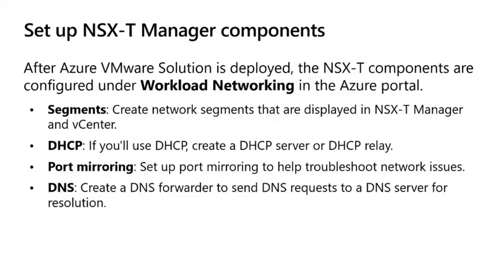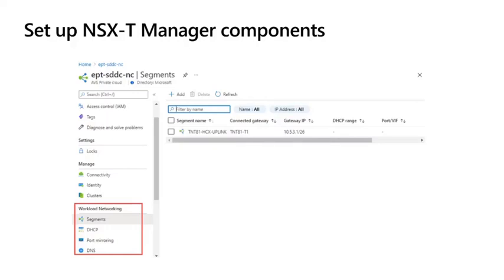When you set it up, you're setting it up under workload networking in the portal or in your NSX tooling. And really, the four things that are important to set up are the segment, so you create a segment and give it a proper name, a DHCP server or DHCP range on a server, port mirroring, and DNS. And all of that can be set up in multiple places, as with everything else we've covered today. Number one, you can do it in the portal, and it's all in one environment.